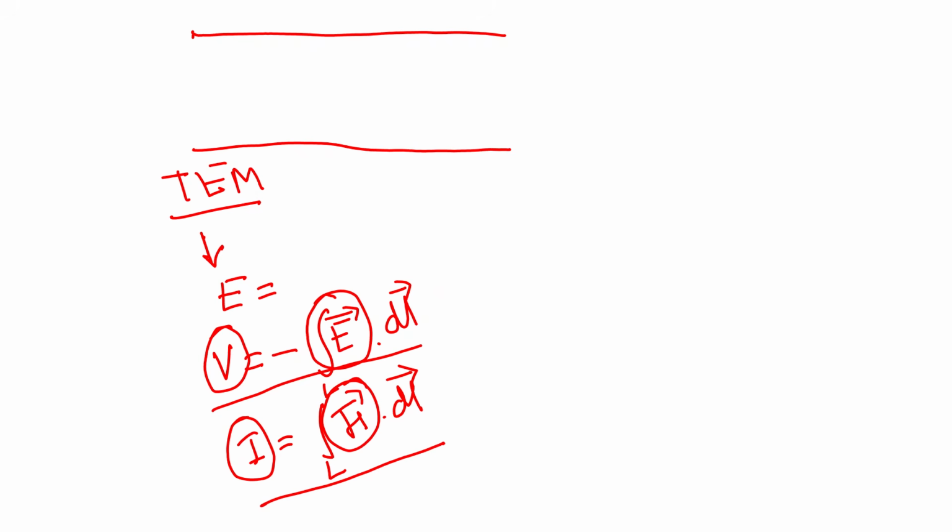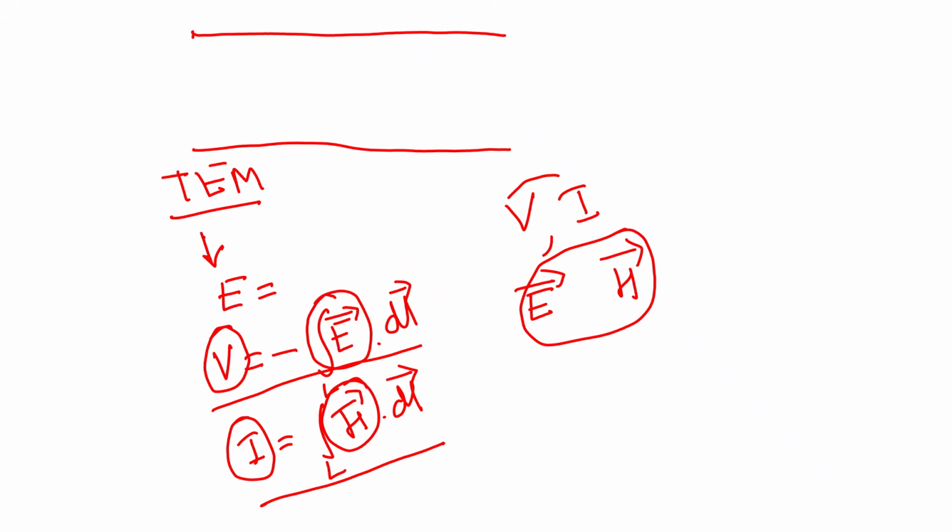We'll try to solve equations to calculate voltage and current using the principles of circuit theory, rather than calculating electric field and magnetic field using field theory, which means solving Maxwell's equations and then applying boundary conditions and all these things. This basically complicates the process a little bit. So calculating voltage and current using the common principles of circuit theory is comparatively a convenient process, so we'll be focusing on that side.